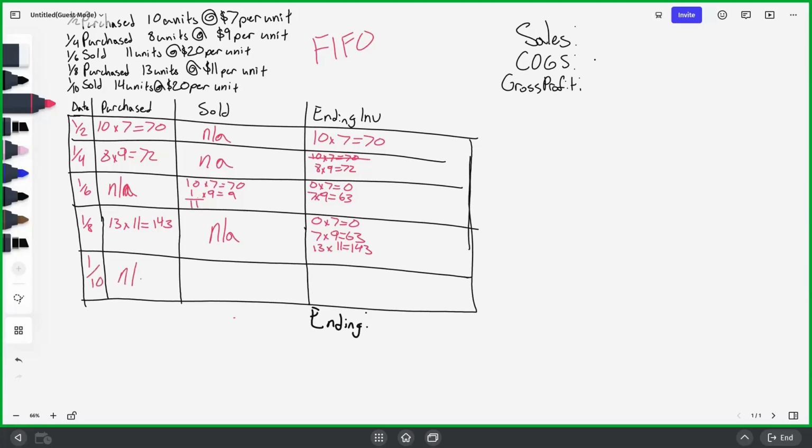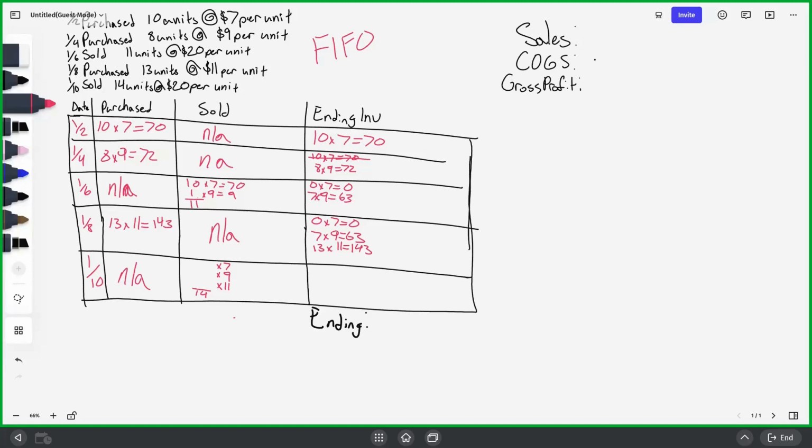We have purchased nothing, but we sold 14 units. Where are we pulling these units from? The units from our ending from last day. So how many units exactly are we pulling for $7? Do we have any units to pull for $7?